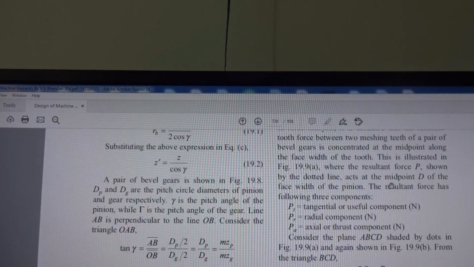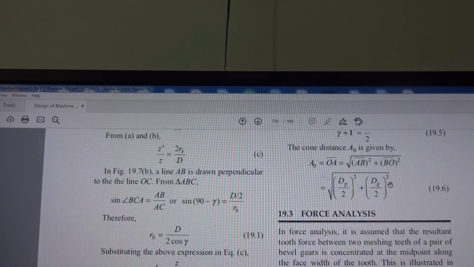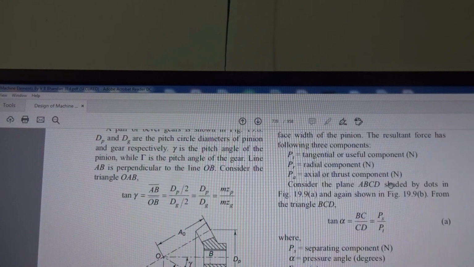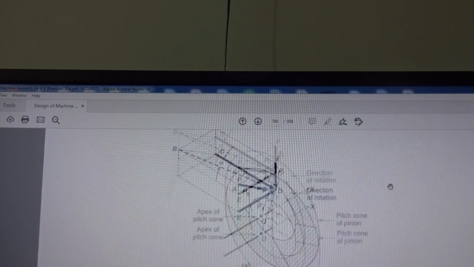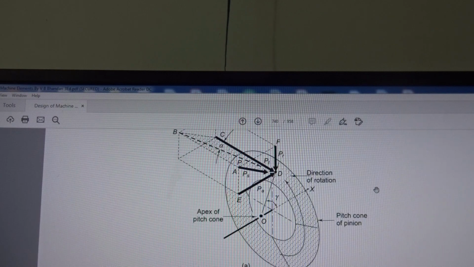Now force analysis. Force analysis is done with this figure. This figure shows a bevel tooth, on which this one is the frustum of the cone and this one is the apex of the pitch cone.